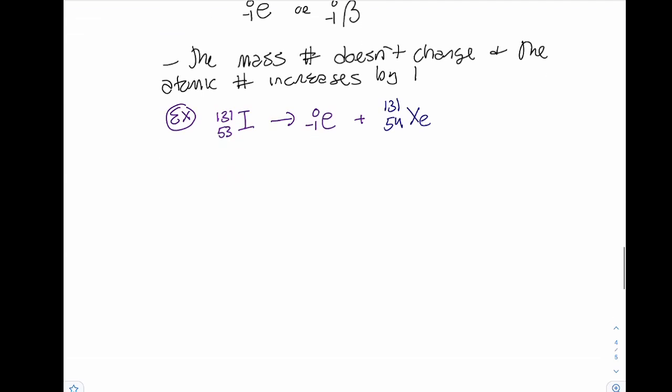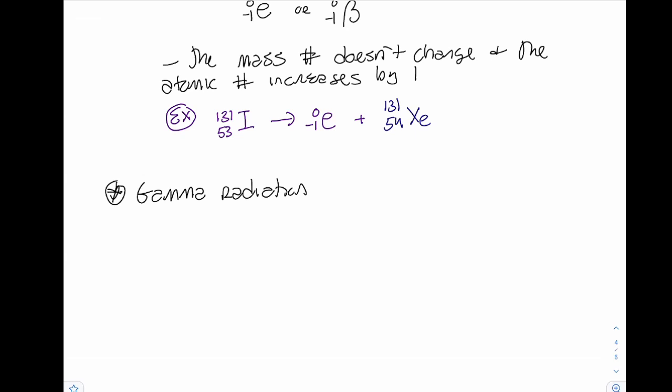Our third type is gamma radiation. This one we're not going to call a particle. So with alpha and beta, I could say alpha radiation, I could say an alpha particle, I could say it underwent alpha decay, alpha emission, any of those things worked. Here we can't use the word particle. It's actually not a particle.